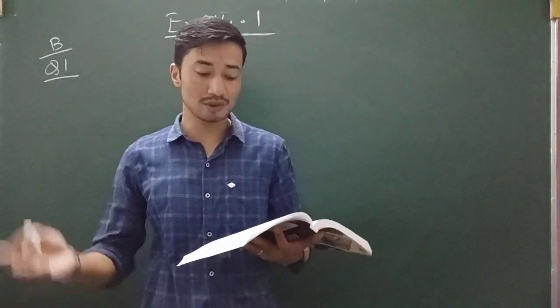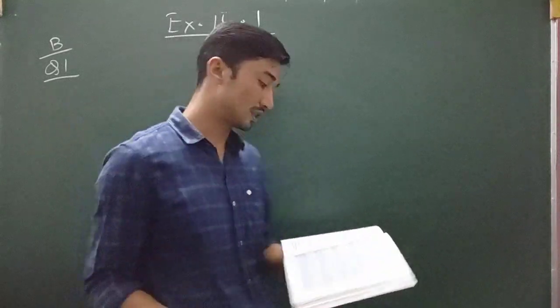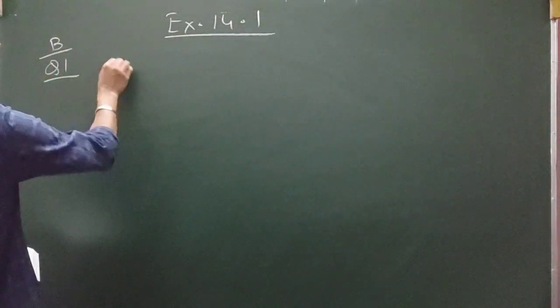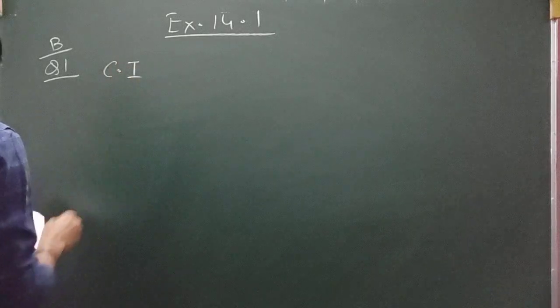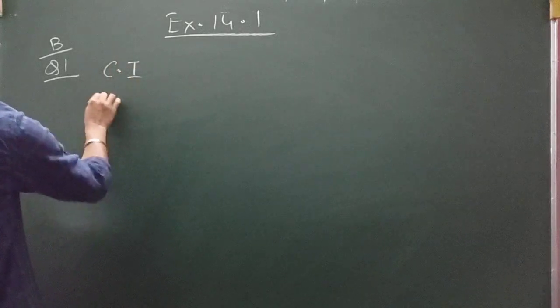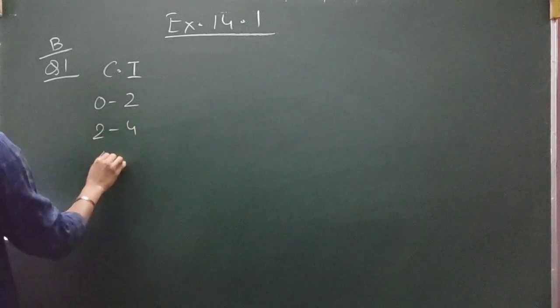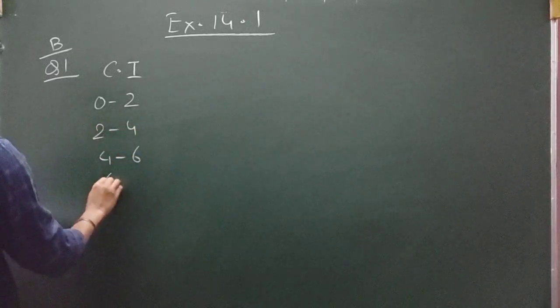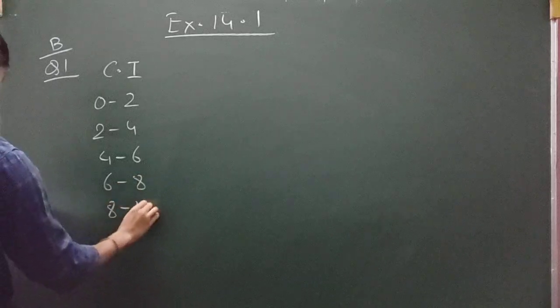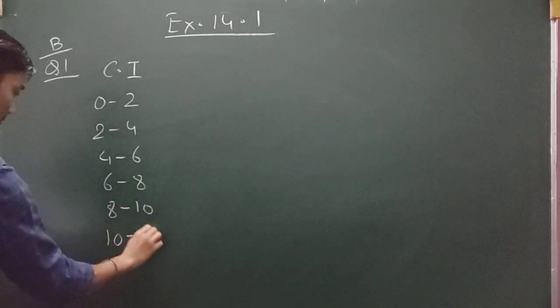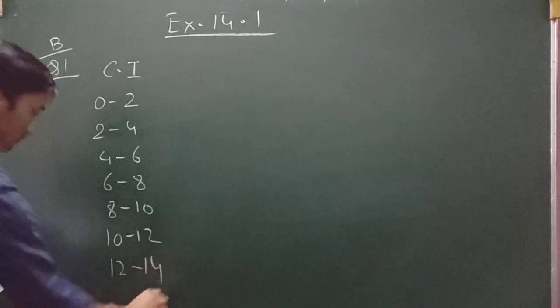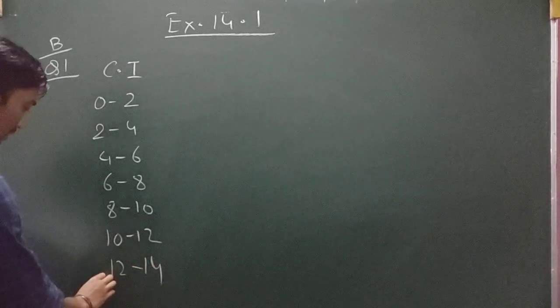Find the mean number of plants per house. So number of plants, actually that is the class interval. It's 0 to 2, 2 to 4, 4 to 6, 6 to 8, 8 to 10, 10 to 12, 12 to 14, I guess you can see.